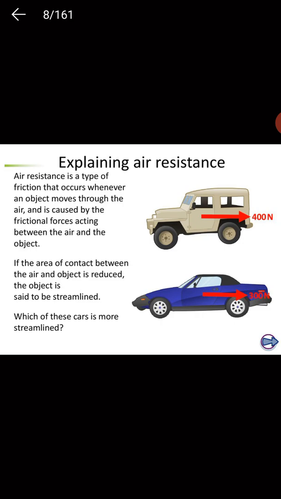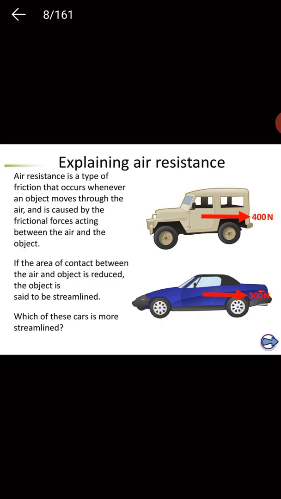That means it is streamlined. Streamlining means you reduce the area where air resistance takes place. If the area exposed to air is reduced, the air resistance will be reduced and the speed of the vehicles will increase.